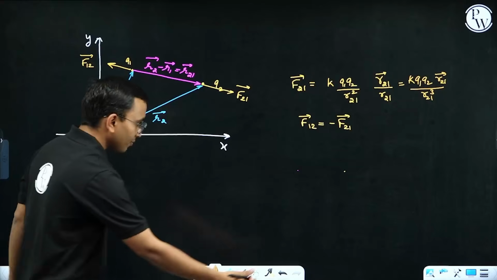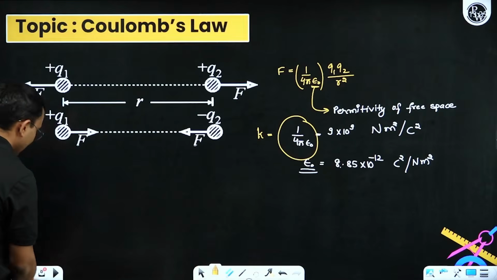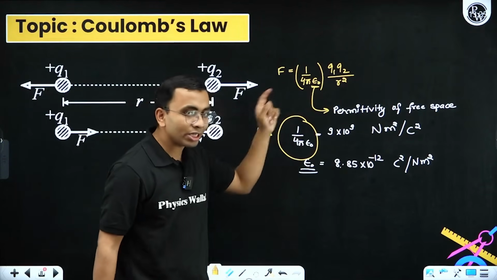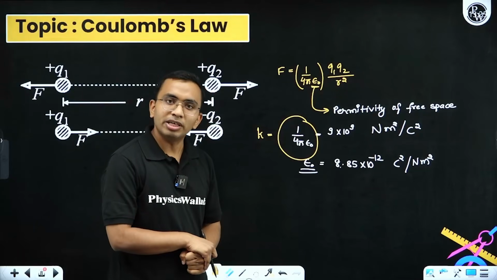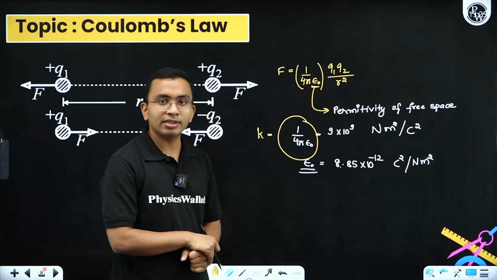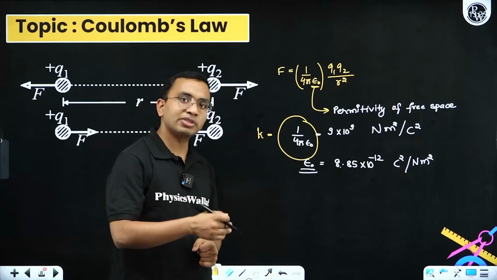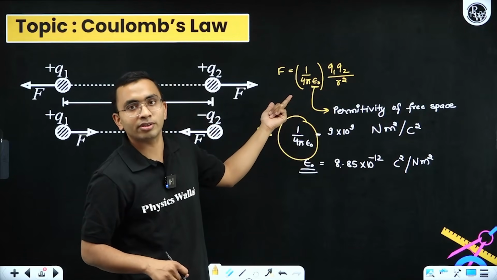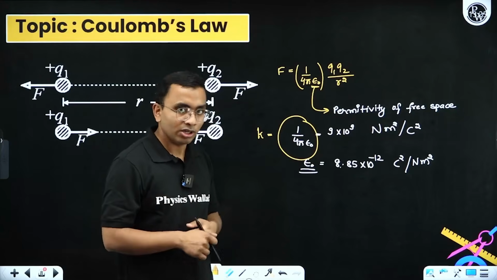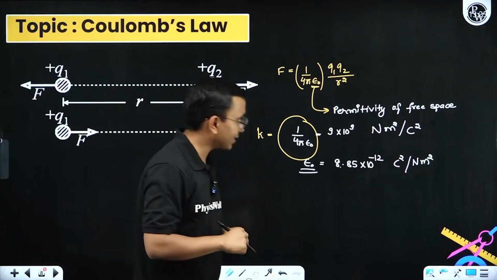Next thing, we discussed that epsilon naught is the permittivity of free space. It means if the medium changes, this epsilon will change. This is only for free space. What if I ask you for water, or some other medium? Permittivity will change, isn't it? Yes.